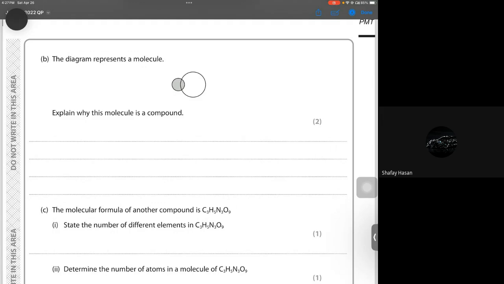They are chemically bonded. This is of 2 marks. So you can say two elements that are chemically joined together.